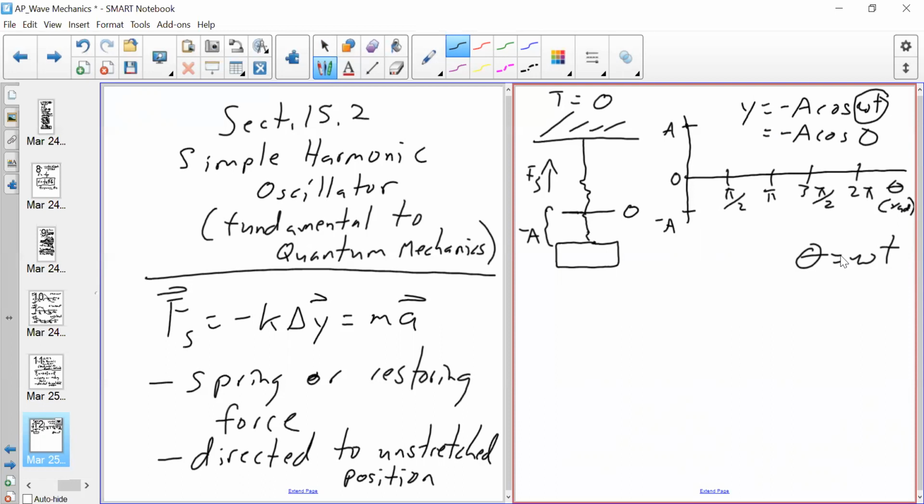And theta is 0, cosine of 0 is 1, so it's minus A. So at time equals 0, our first point is there, right? And then we go to t equals a quarter interval, because now it's a whole period broken up into 4 parts. So this is T/4, T/2, 3T/4, and then T, right?